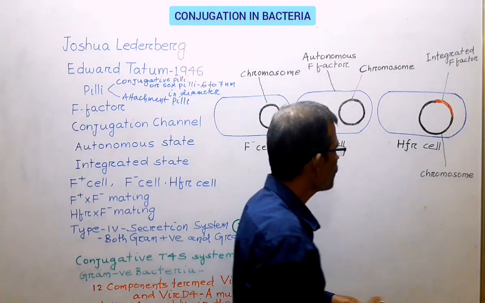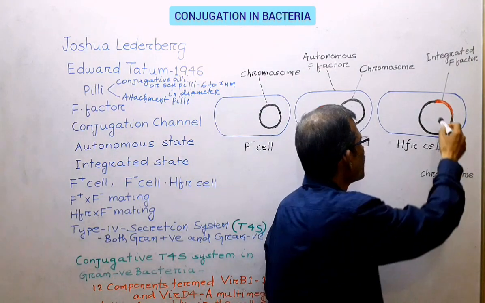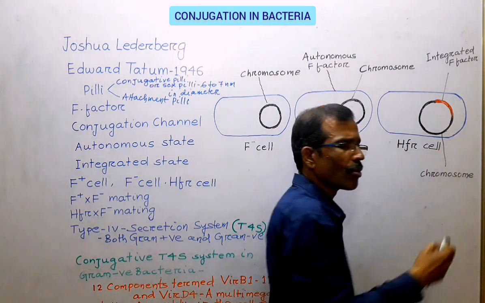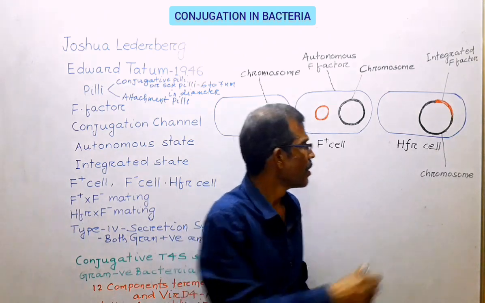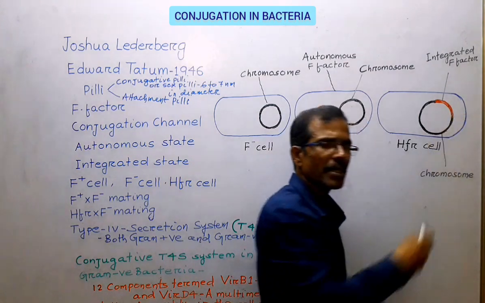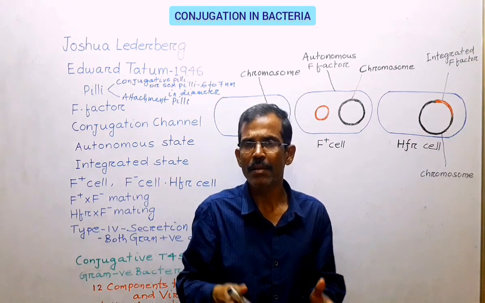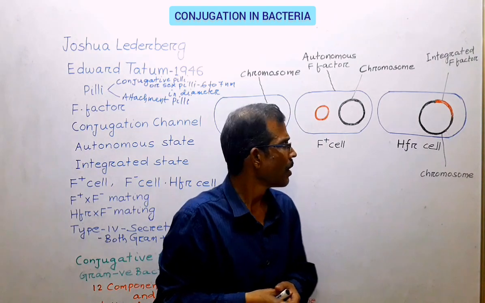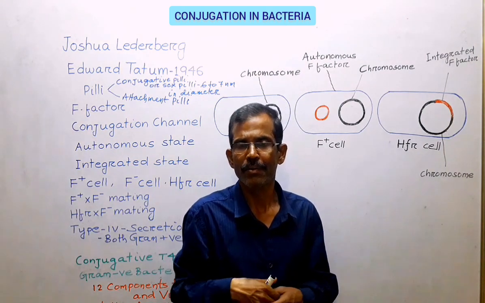Sometimes the F factor can also be integrated covalently into the bacterial chromosome by site-specific recombination events. This integration is mediated by short sequences that are present in multiple copies in both the bacterial chromosome and the F factor.